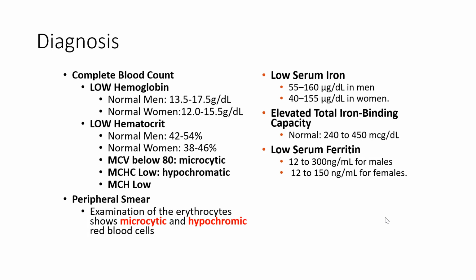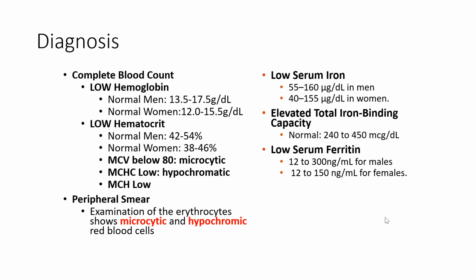Then, of course, you can send off iron levels to document it. I talked in the past slide set about elevated total iron binding capacity. Normally, your normal is 240 to 450.